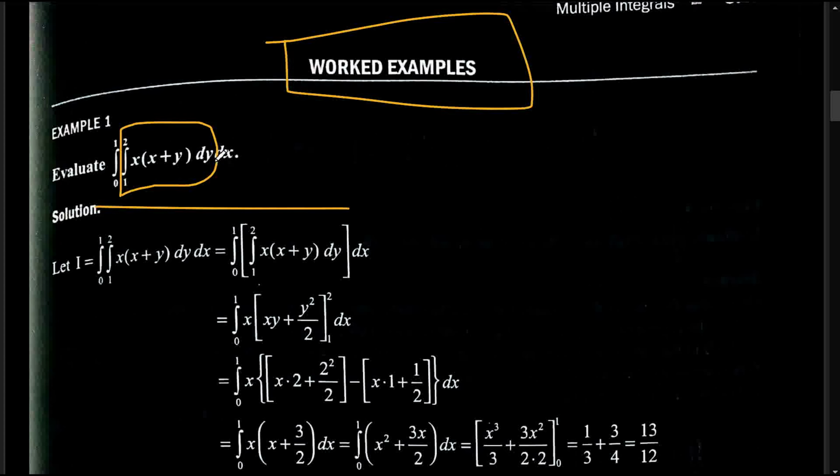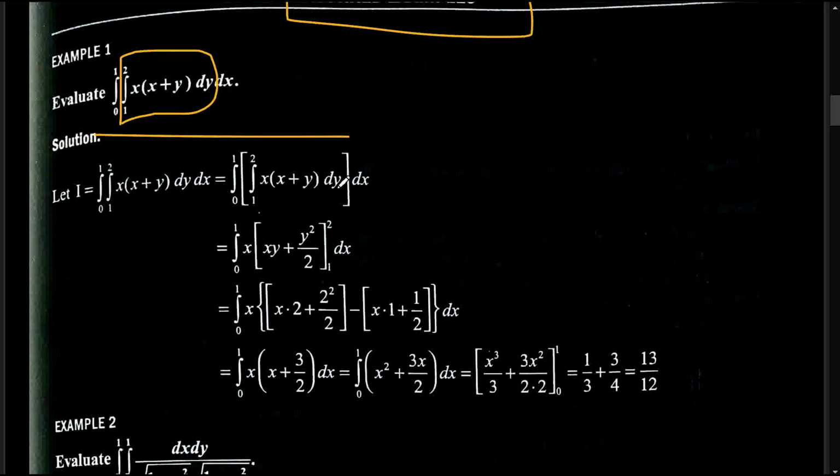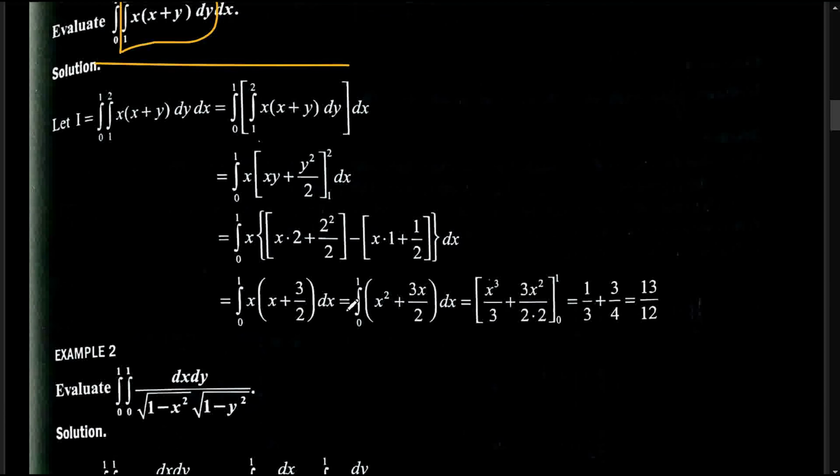While integrating with respect to y, x is treated as a constant. If we integrate a constant with respect to another variable, we get xy plus y square by 2, just a simple integration, and then putting in the limits, upper limit minus lower limit.